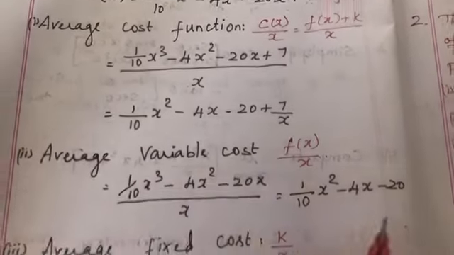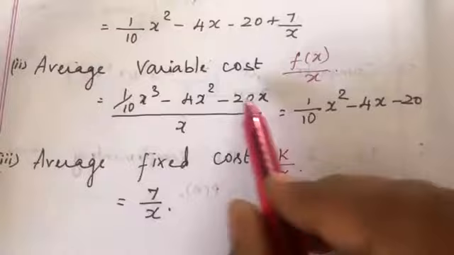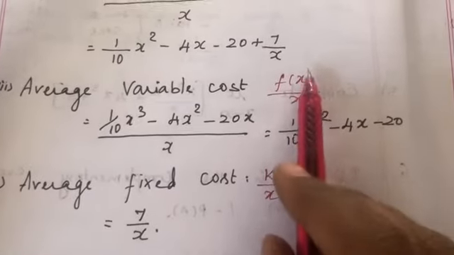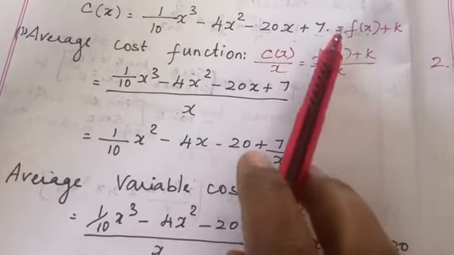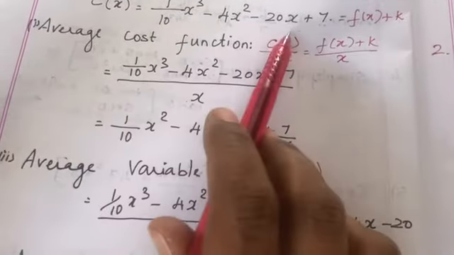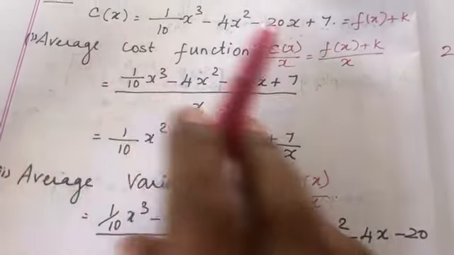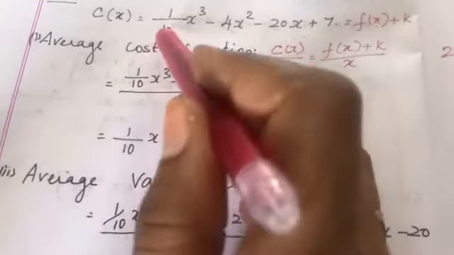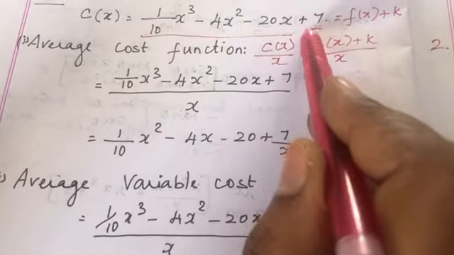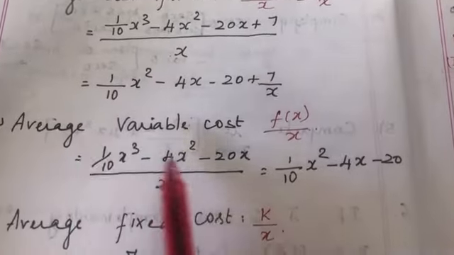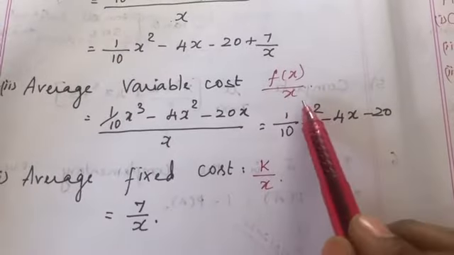Second, average variable cost. Average variable cost is f of x divided by x. What is our f of x? Here this expression C of x is in the form f of x plus k. So, this is our f of x and this is our k constant. Okay. So, average variable cost is f of x divided by x.